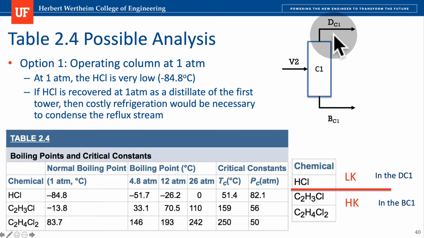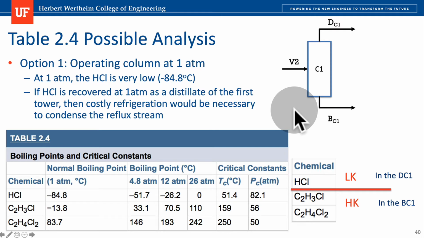That reflux means the condenser is going to have a high energy requirement. You need a lot of energy to actually get the condenser to meet the boiling point, right? You need the same temperature to actually liquefy the HCl and send it back to the column. So it's going to be a big penalty.